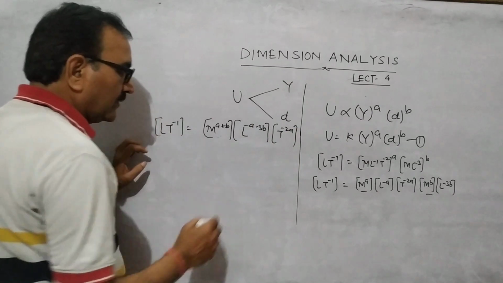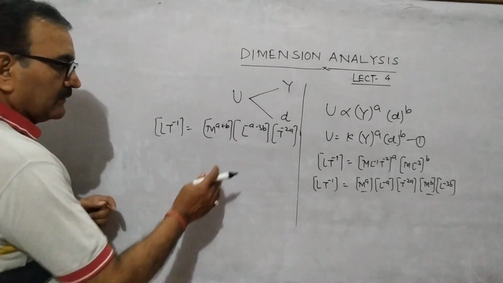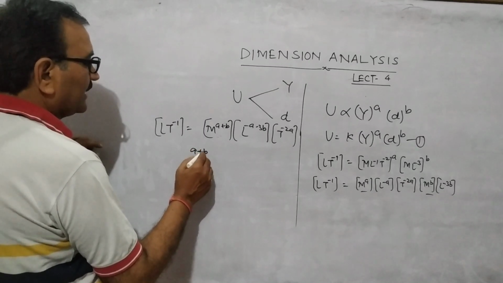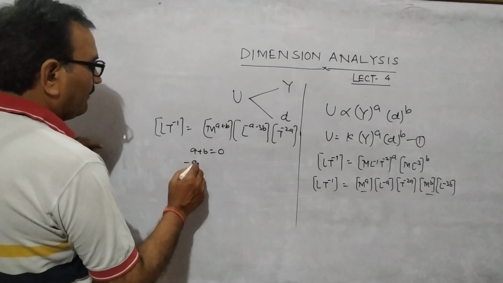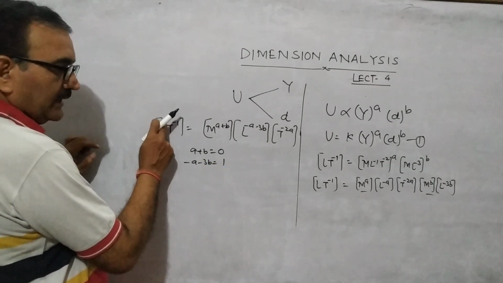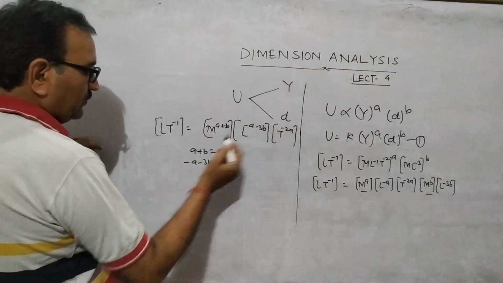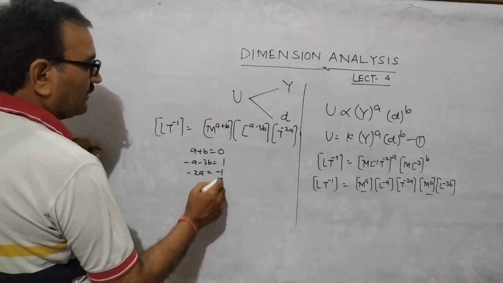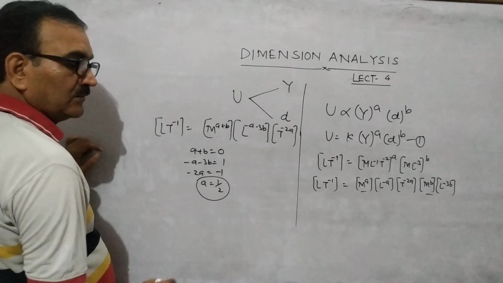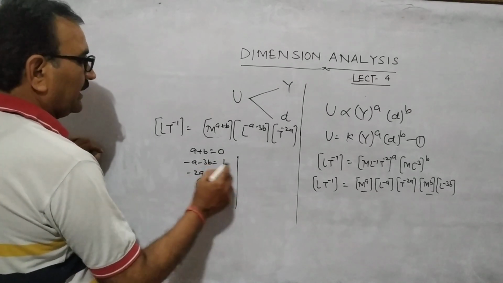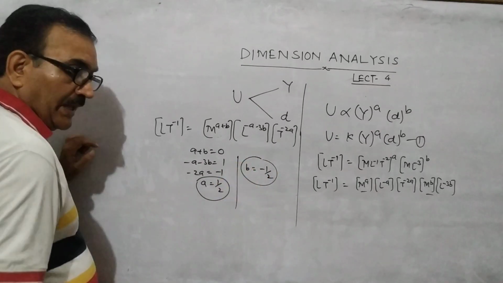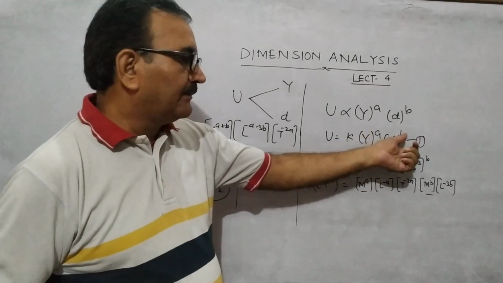On comparing powers on both sides, you get a plus b equals 0, minus a minus 3b equals 1 because the power is 1 here, and minus 2a equals minus 1. So you have a equal to 1 by 2. Now placing the value of a here, you get b equal to minus 1 by 2. You have the values of a and b here.